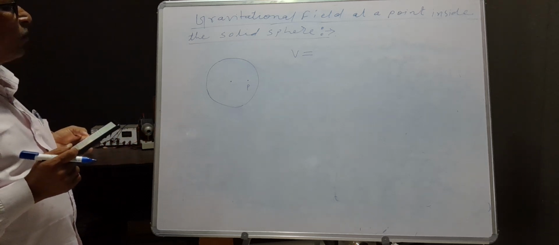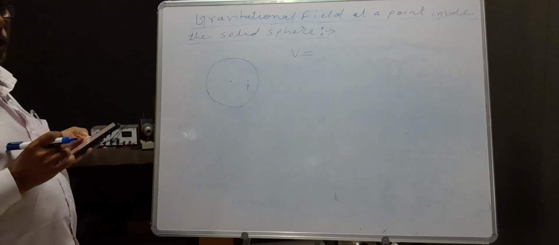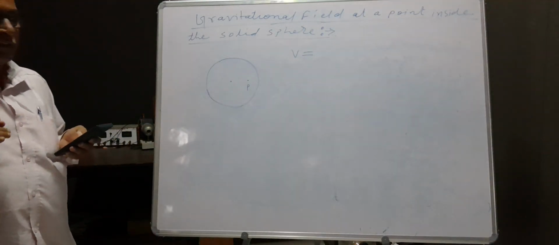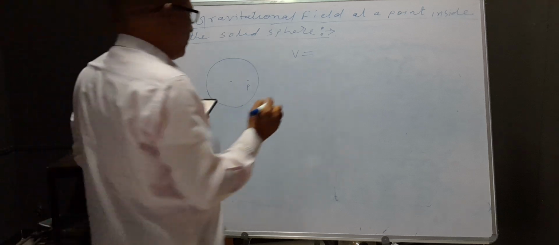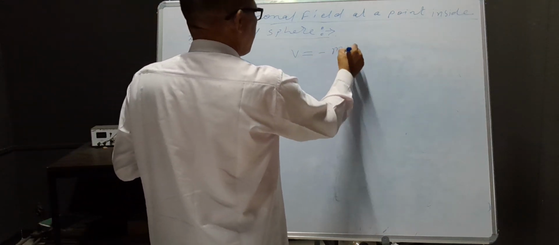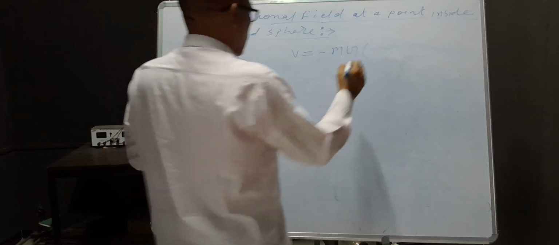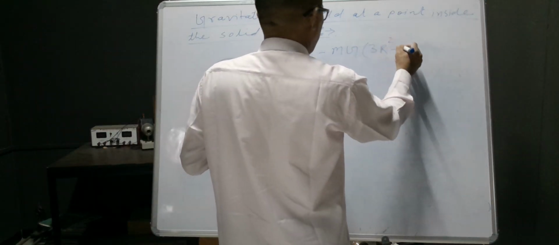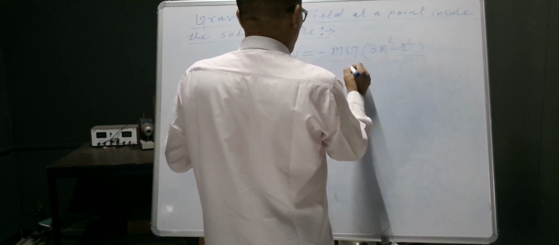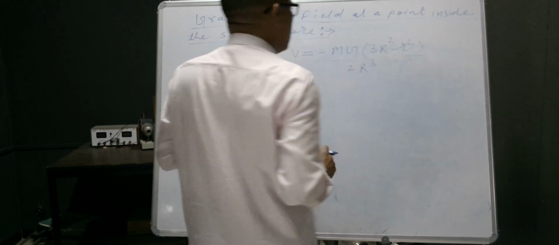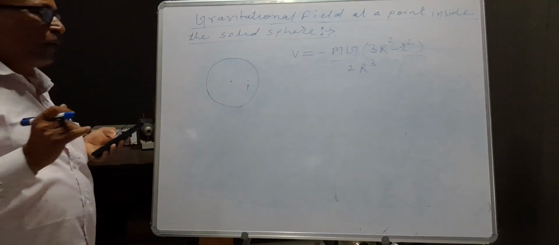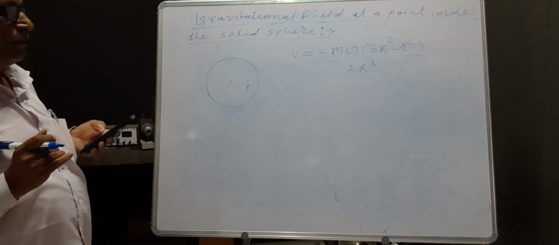Now today we are calculating the gravitational field, as the gravitational field is equal to the potential gradient. Here the formula is V equals minus GM into 3a squared minus r squared upon 2a cubed. This is the gravitational potential at a point inside the solid sphere.